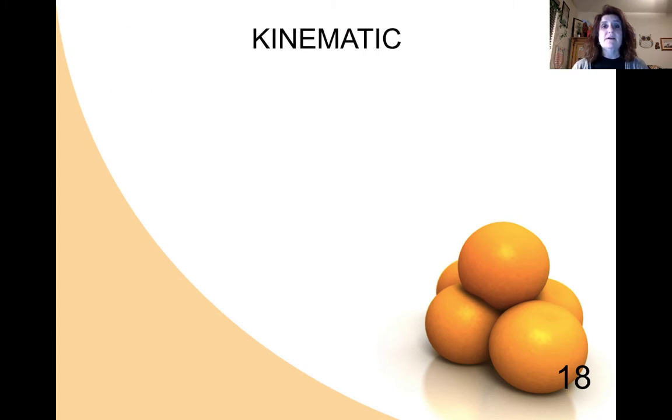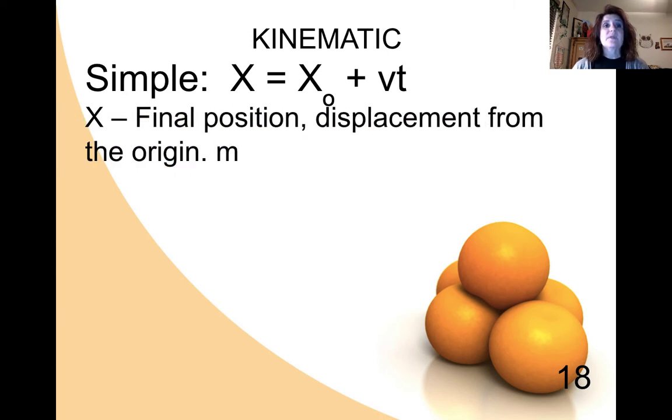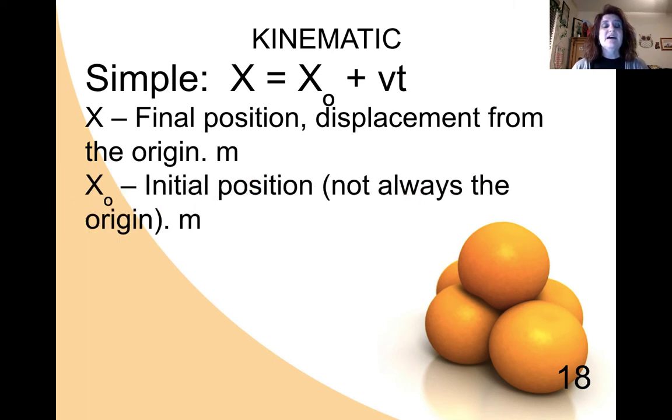So in box number 1 on your formula sheet, or make a box for your formula sheet, is kinematic simple. X is the final position, the displacement from the origin, measured in meters. X naught is the initial position, not always the origin, so be very careful, measured in meters. V is the velocity in meters per second, and t is time in seconds.